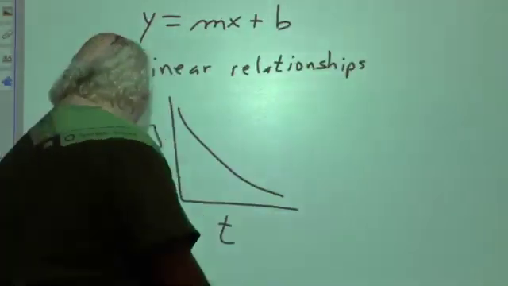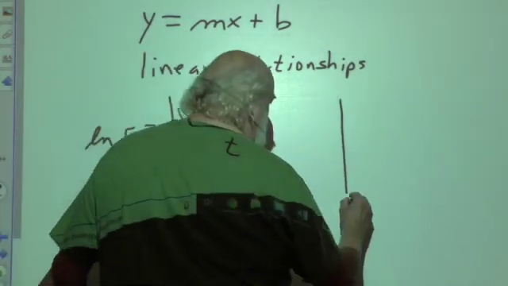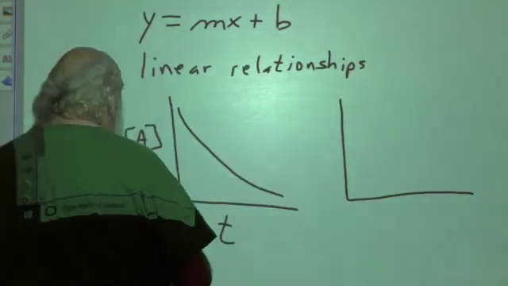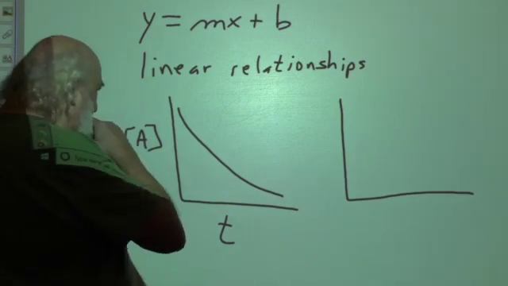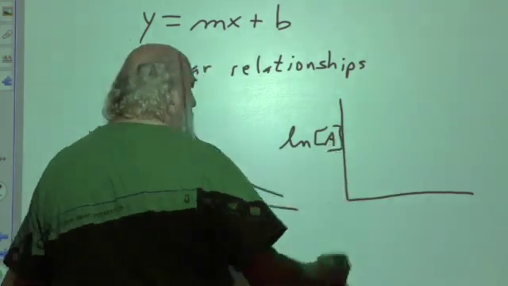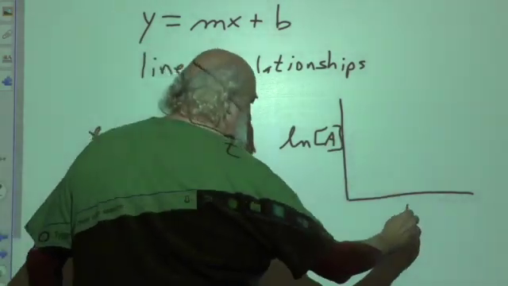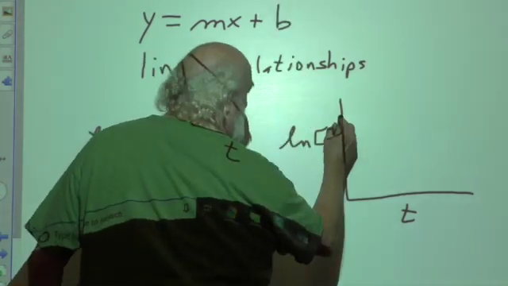Okay. So, when this turns into a straight line graph by taking, now this wasn't natural log of A right here, this is just A. This becomes the natural log of A right here. And this stays as t. We don't change the t values, and we get the straight line here.